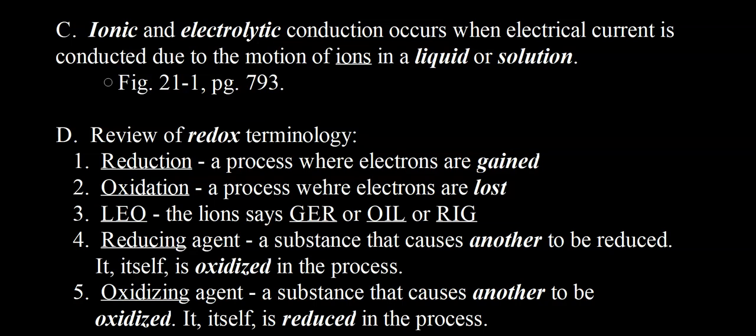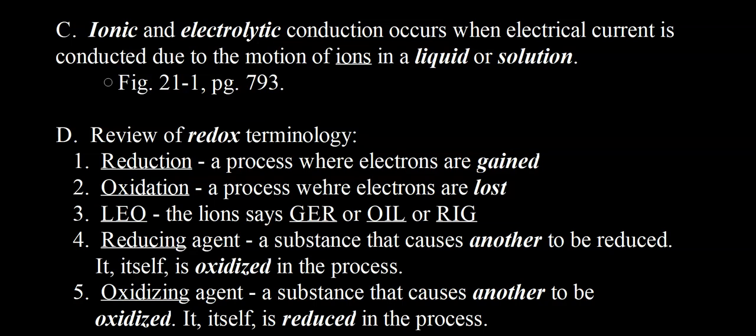And we have conduction that occurs because of this. You can see that on page 793 at the top. We have charged particles moving within that substance to the positive and negative things. I don't want to tell you what they are just yet, but just know that those charged particles are able to move around inside that solution or molten compound, whatever it may be.